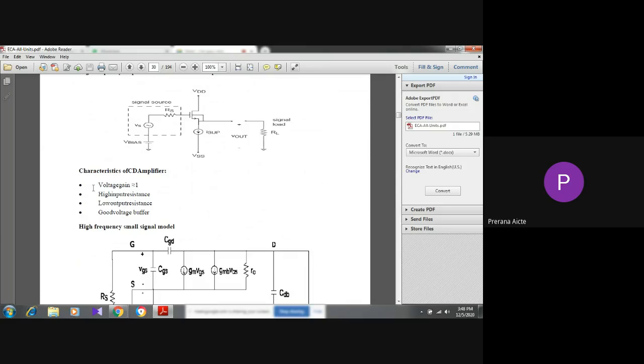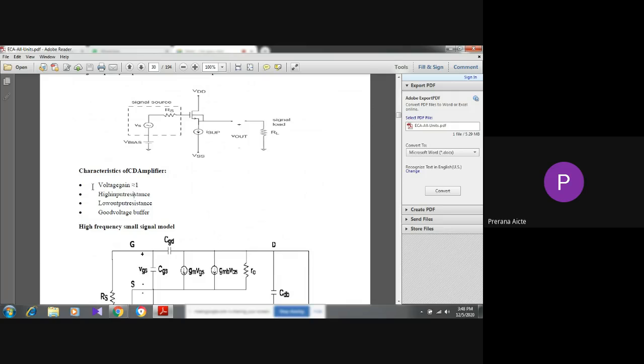That means the output measured at the source terminal follows the input at the gate terminal. That's why this is called source follower, so the gain value is always 1.